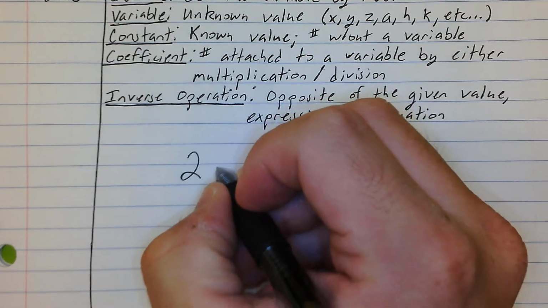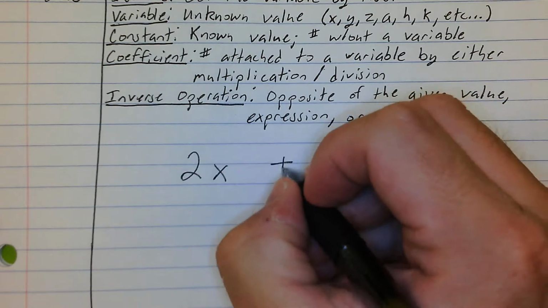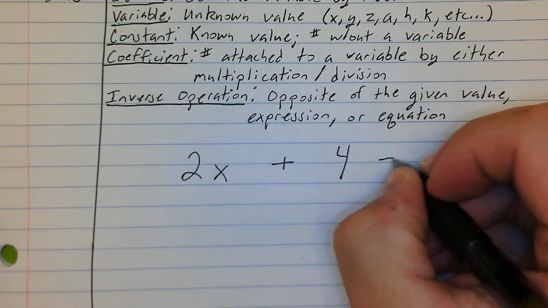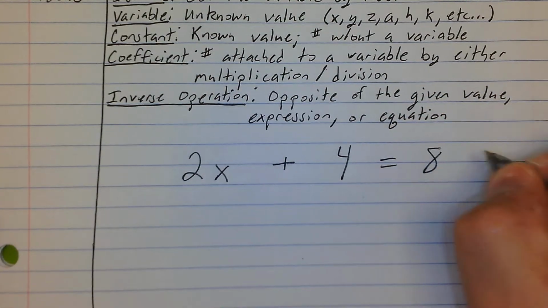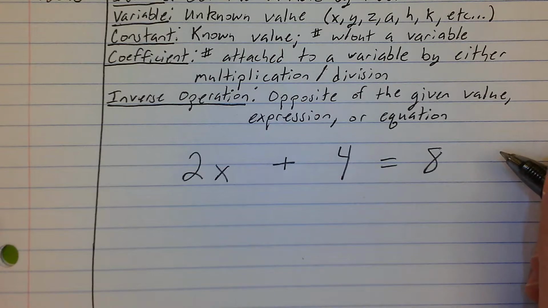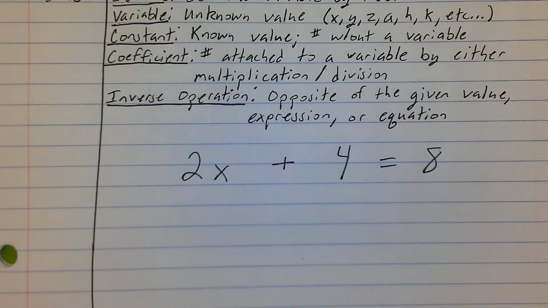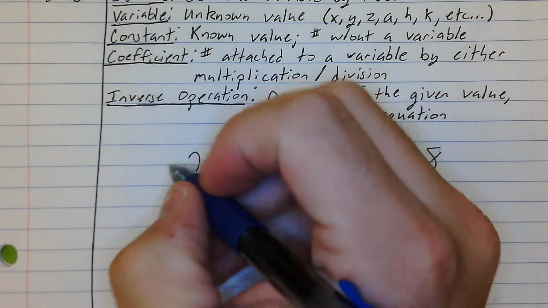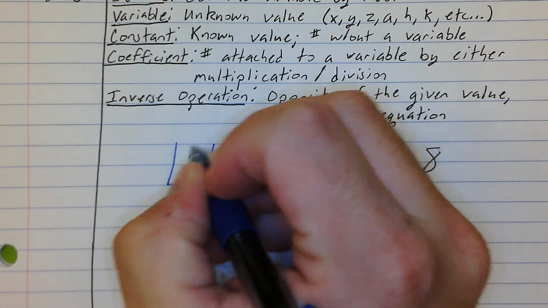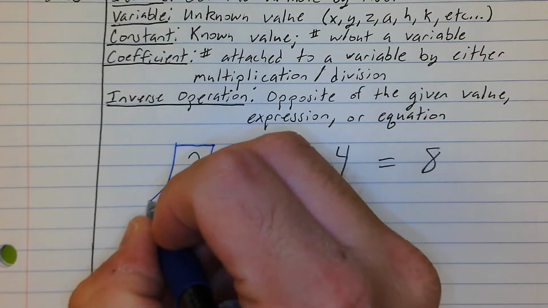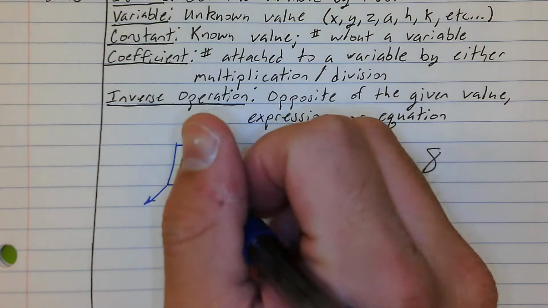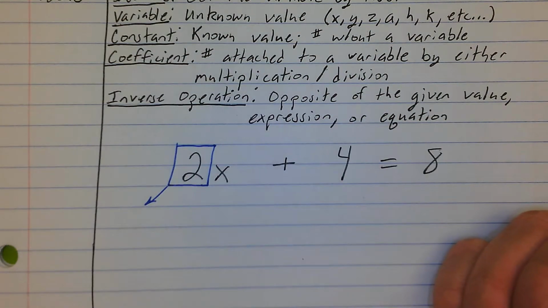Okay, so examples. So we're going to look at this equation, 2x + 4 = 8. And there's a reason why I spaced it out the way I did. So the 2 in front here is what we call the coefficient. Okay, it's attached to the variable, right?